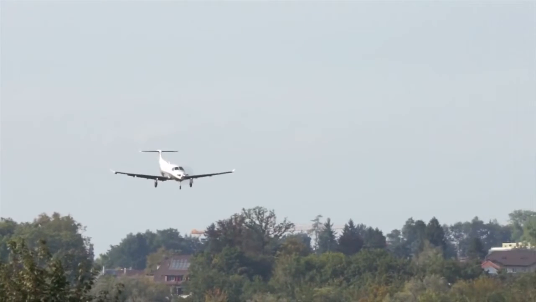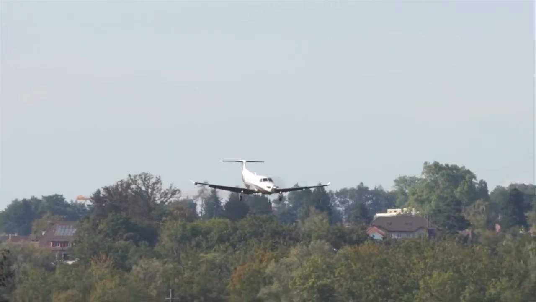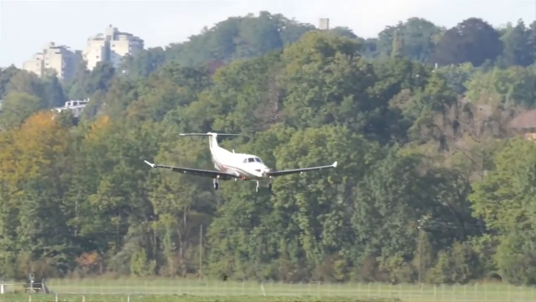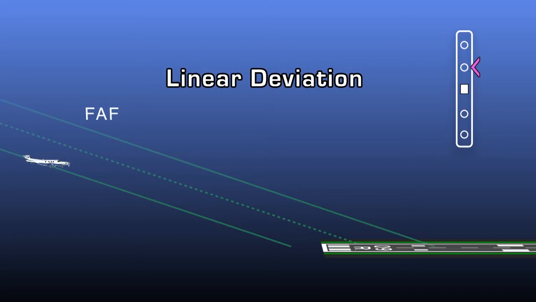This glide path is linear in nature, meaning the sensitivity of the vertical deviations does not increase as the aircraft approaches the runway. To explain further, on an approach using linear deviation, a one-dot deviation can equal 75 feet at the final approach fix and 75 feet at the runway.